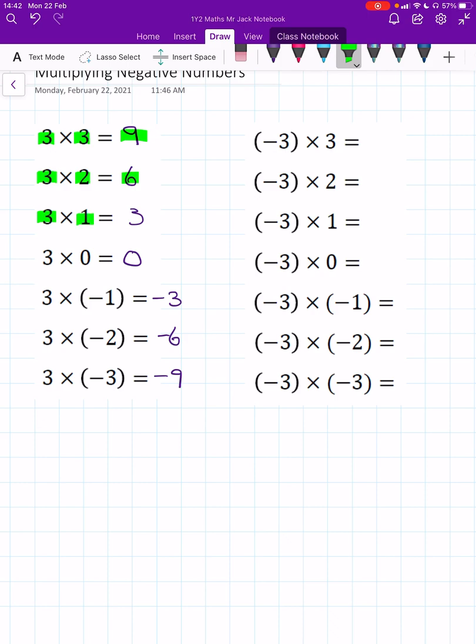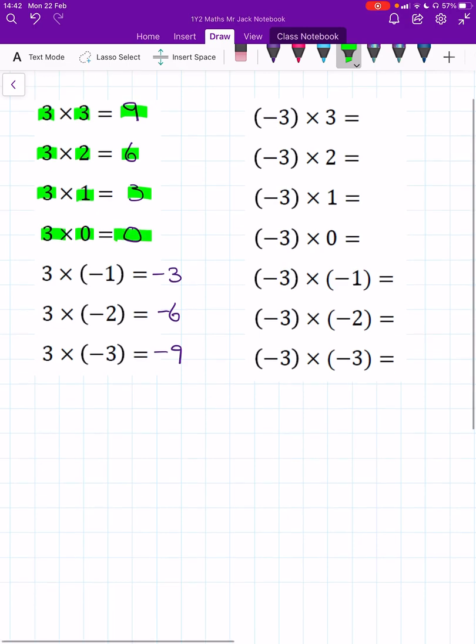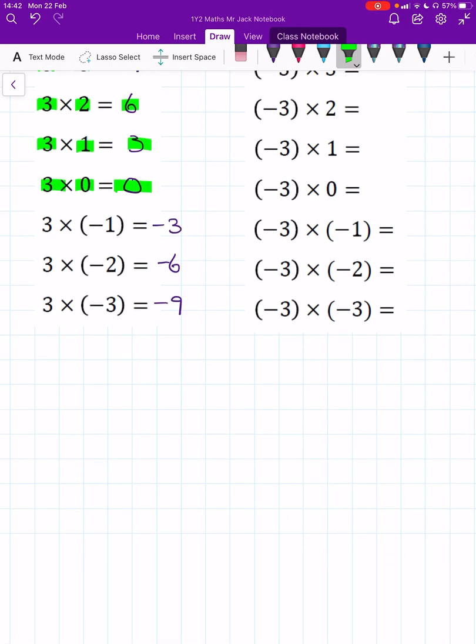Positive, positive, positive. Well, 0 is neutral, isn't it? What about here? Positive number times a negative number, negative answer, and the same again for each row.